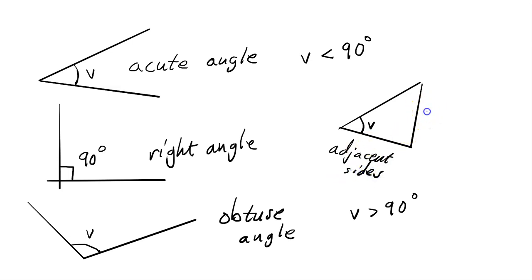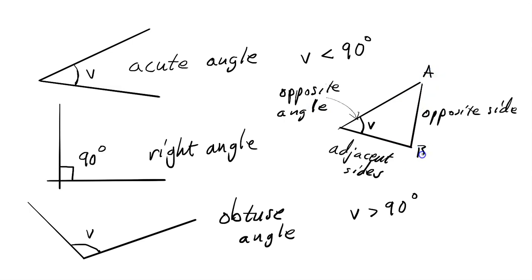And this is called the opposite side to the angle. And this is also an adjacent side. And if you take this side, then this angle is an opposite angle of this side here. So if you call it AB, it's the opposite side of the side AB.